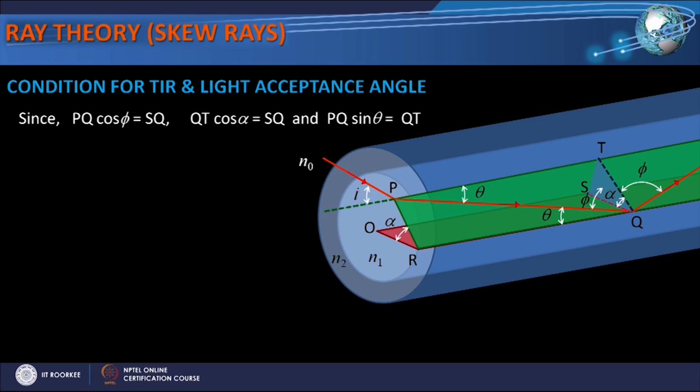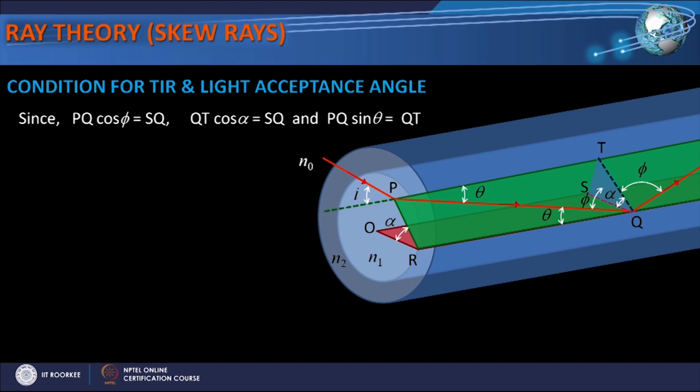When it enters the fiber, this ray makes an angle theta with the longitudinal direction of the fiber, and it hits the point Q at the core-cladding interface and then it is reflected.